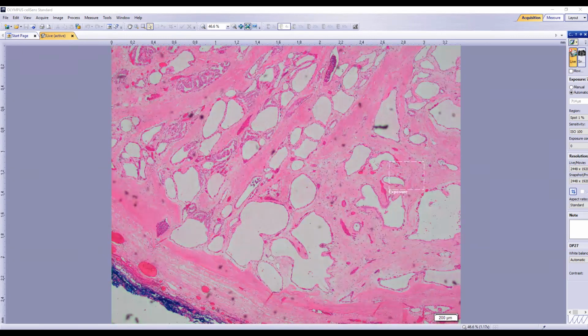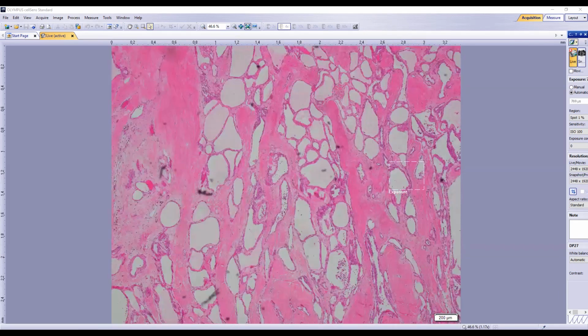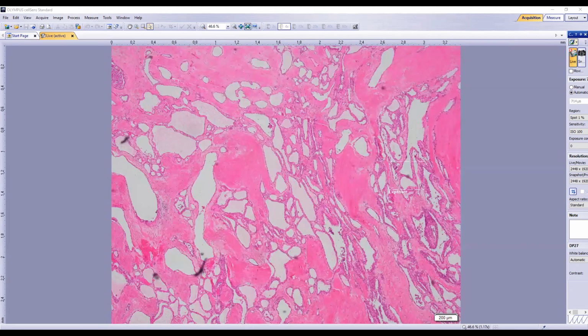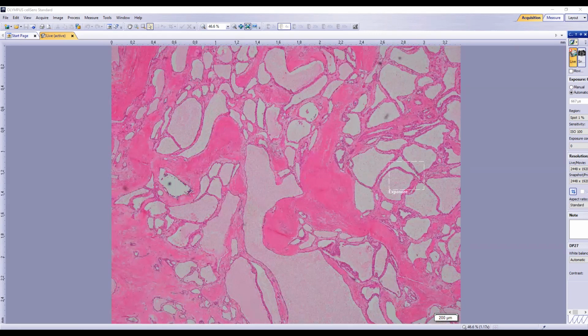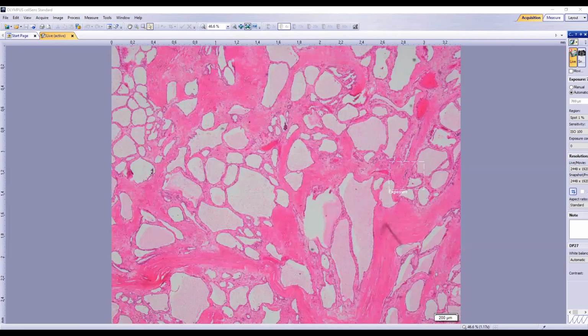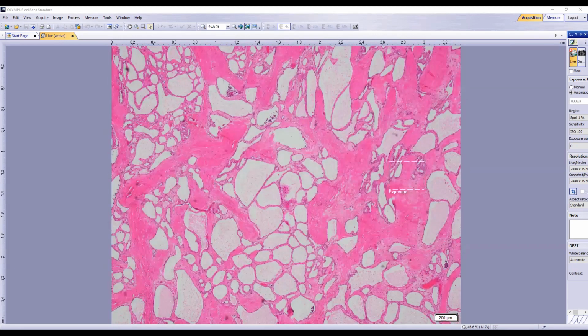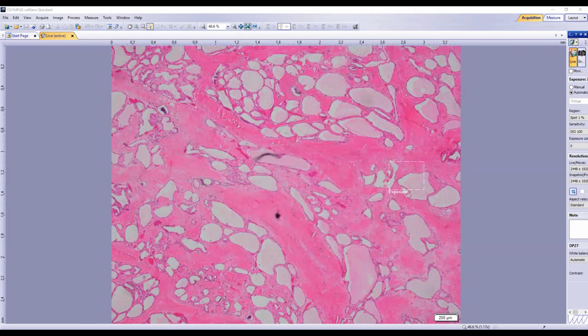It's a serous cystadenoma. See how innumerable the cysts are? These are microcysts. Microcysts are anything less than 0.1 centimeter-ish, so these are really small cysts. They look big on microscopy because I'm at 4 or 10x, but otherwise these are really small cysts.